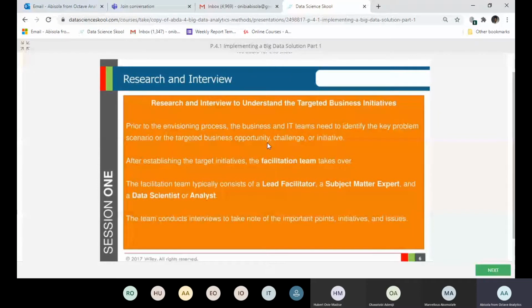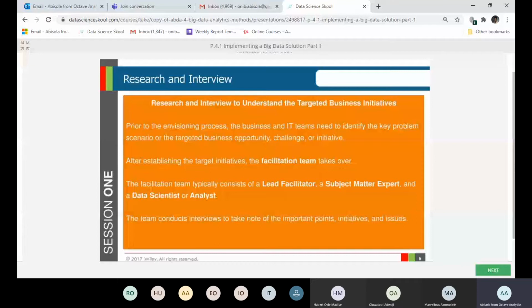Or for example, in a hospital, you are trying to improve hospital readmissions. That is, you're trying to improve the care given to patients in the hospital. You want to see if you can predict what patients want based on their lifestyle. So maybe you've been tracking a patient's lifestyle for a period of time.